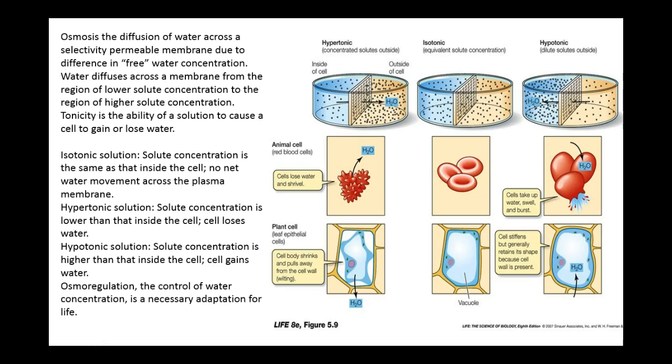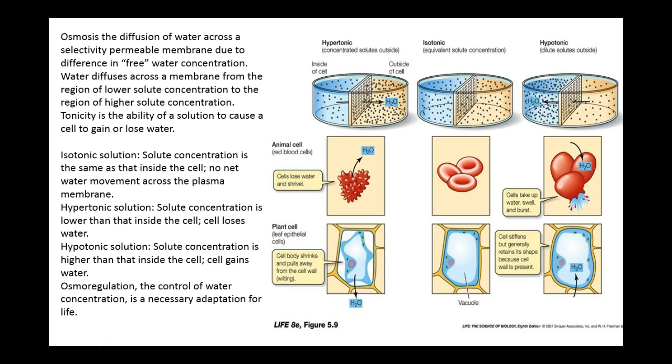And so in hypertonic, water is going to move out of the cell to where the solute concentration is highest to equalize them. On the third one over, because isotonic you have constant movement, the hypotonic water is going to move into the cell because the concentration of solutes is higher inside the cell than outside.